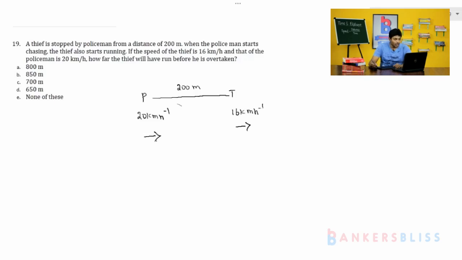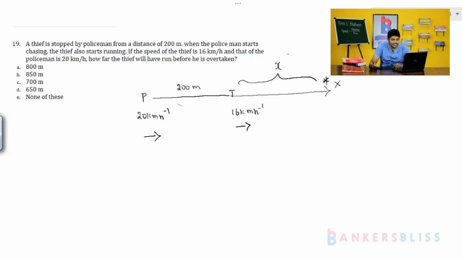So, how far will the thief have run before he is overtaken? Somewhere here they could have met. But in the question they have asked us to calculate the distance between these two points. Consider this one as x. This distance we have to calculate.